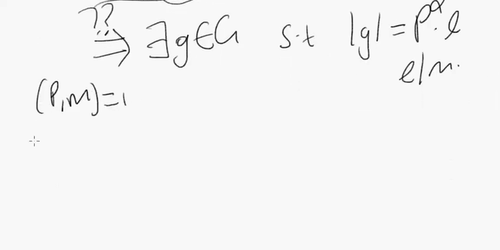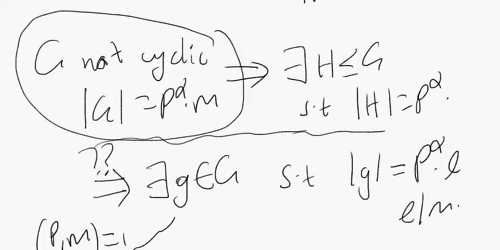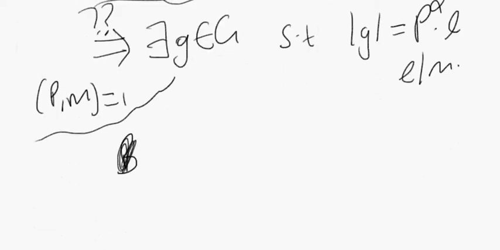The strategy we were looking at before was, well, let's suppose that the conclusion is false. That is, actually there is no such element.